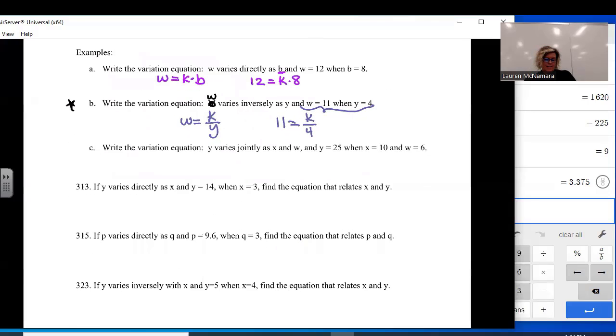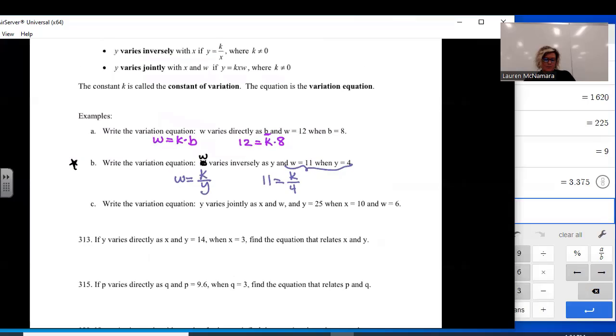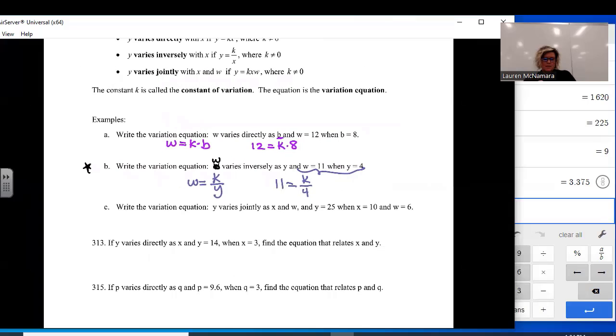All right, let's look at the next example. It says write the variation equation. Y varies jointly as X and W. So here I have my jointly.